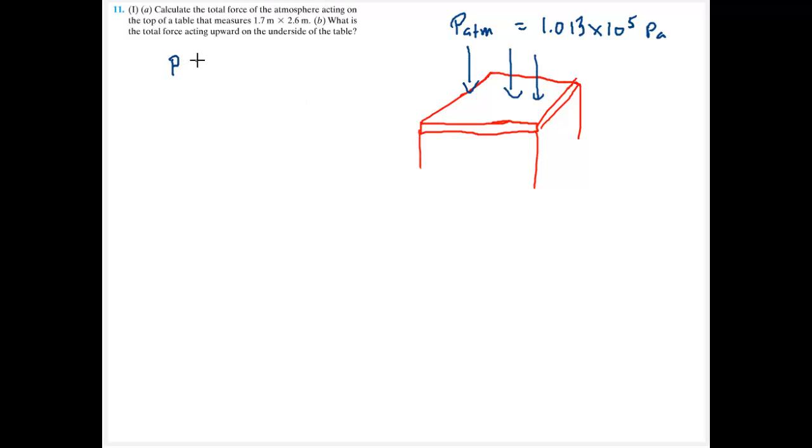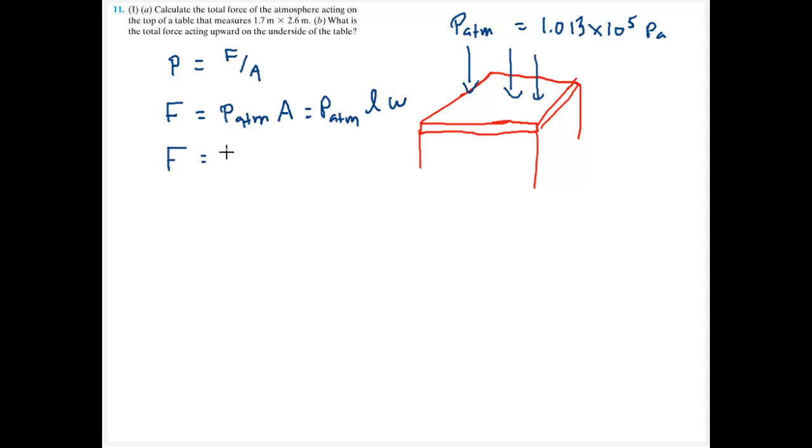We know that pressure is defined to be the force per unit area. So we can say that the force is going to be the atmospheric pressure multiplied by the area of the table, where the area of the table is simply going to be the length of the table multiplied by the width of the table.